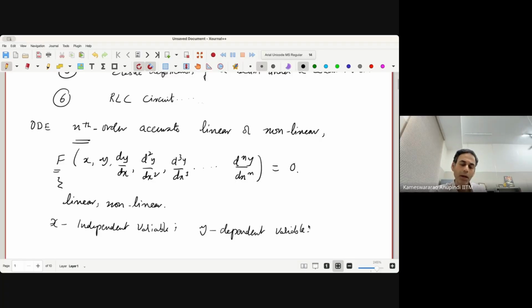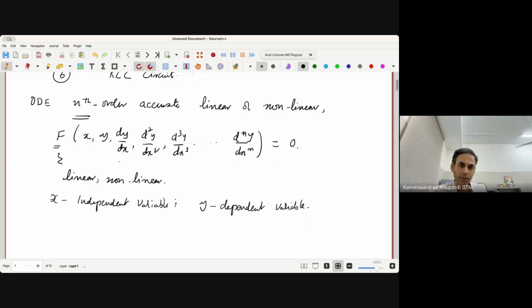As you see here, you only have derivatives with respect to one independent variable. That's why these are all ordinary differentiations. You just have d by dx and higher derivatives.